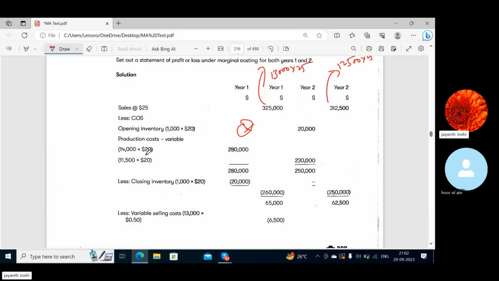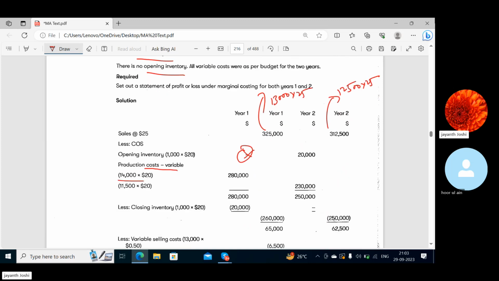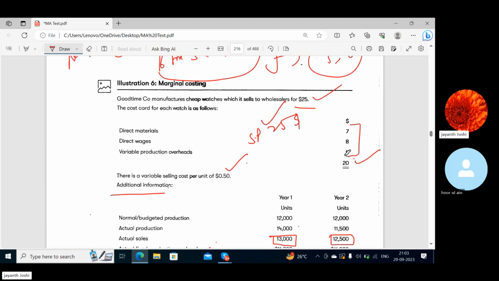Now production costs. We are doing marginal costing, so we will take the variable production cost. Actual production is 14,000, so we'll take 14,000 into the production cost given to us per unit, 20, which considers everything: material, labor and variable production overheads.